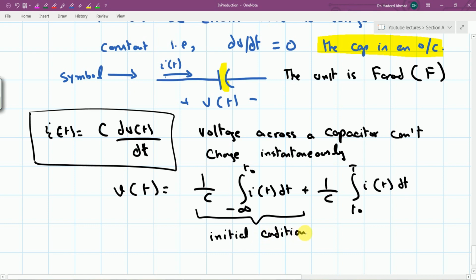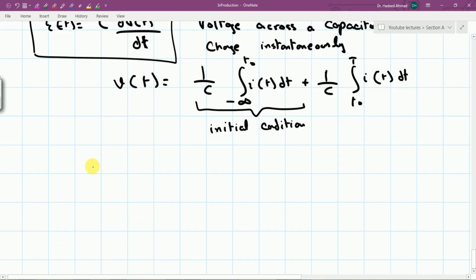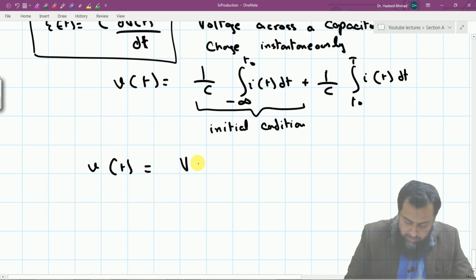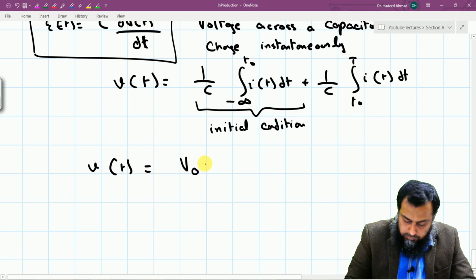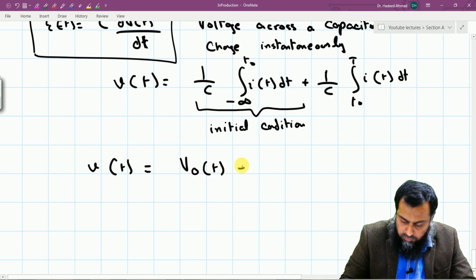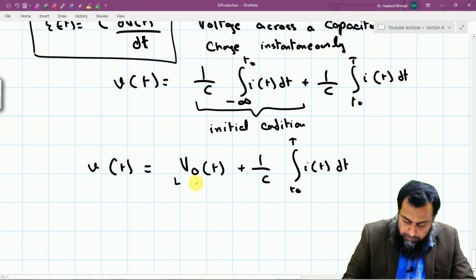The instantaneous voltage across a capacitor depends not only on the present value, given by 1 over C integral t naught to t of I(t) dt, but also on the previous voltage stored on the capacitor.